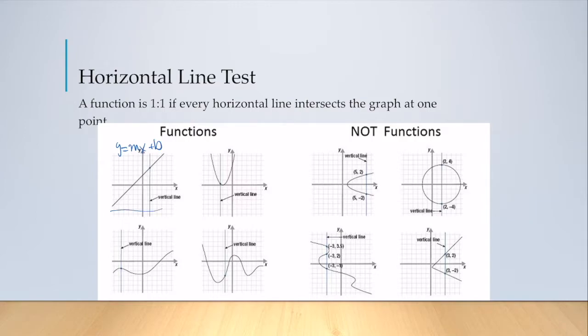This passes the horizontal line test, so this is a function, and that is one-to-one. This parabola here, this equation is not the point. It does not pass the horizontal line test, so this is not one-to-one.